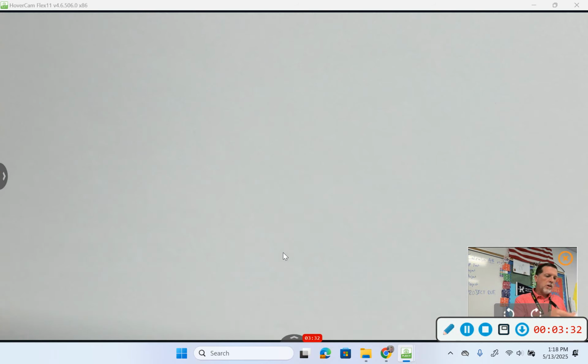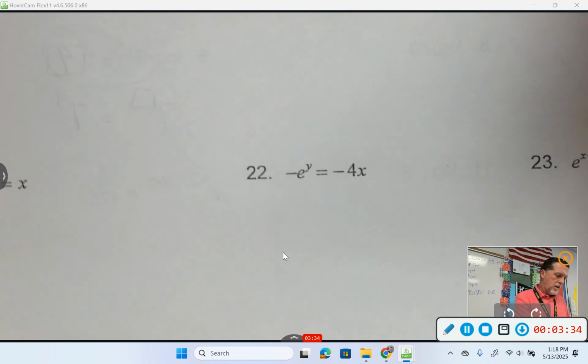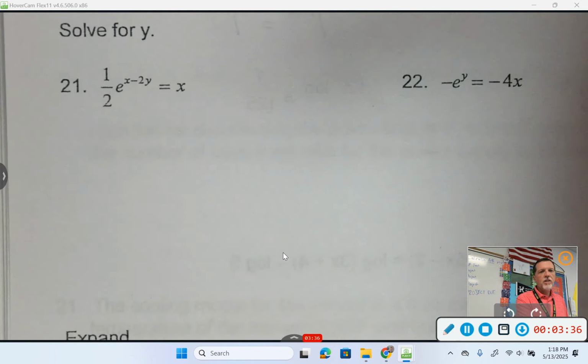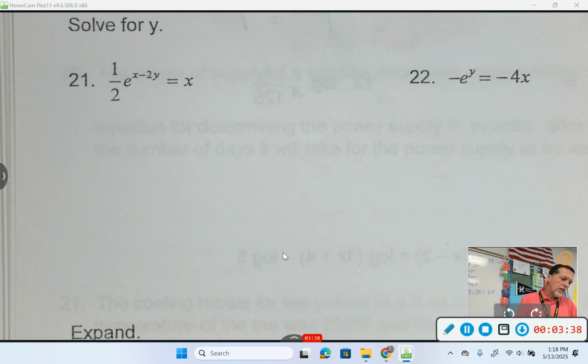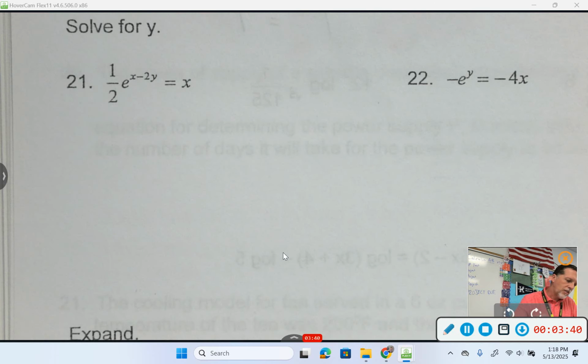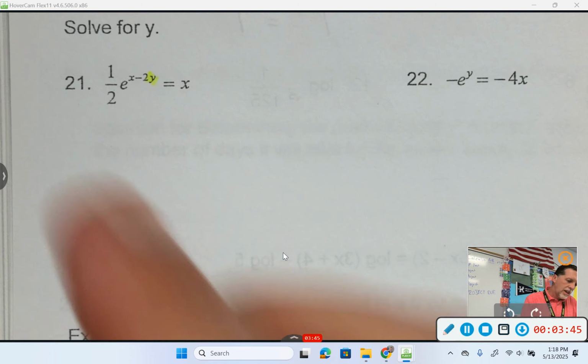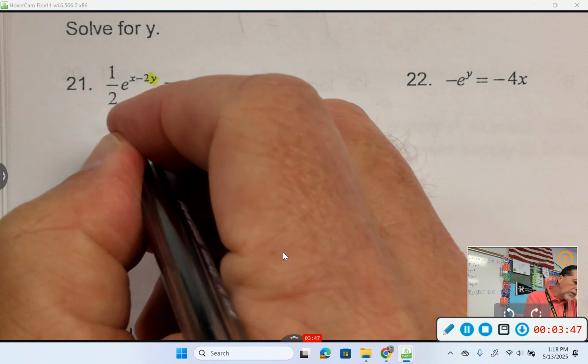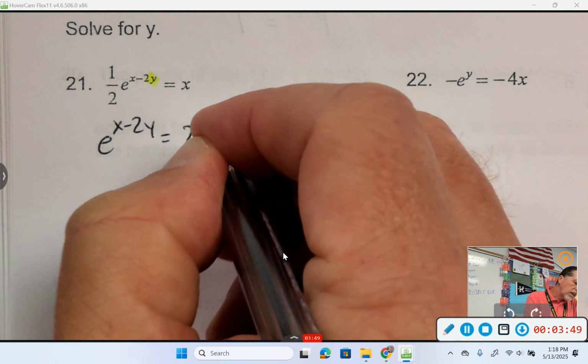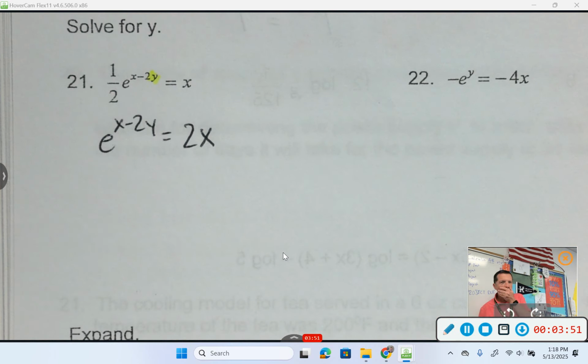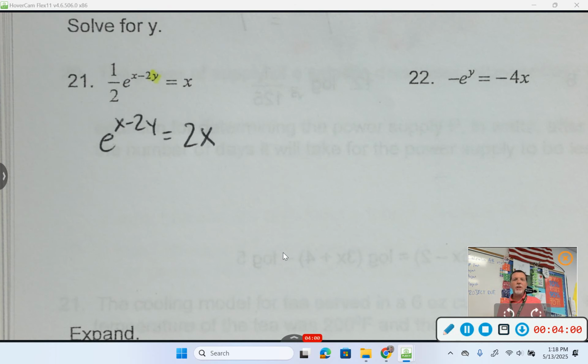All right, 21. Solve for y. So I need to get y by itself. Well, there's y. I guess we could multiply by 2. That'd be an easy first step. And my y is in the exponent. How do I get an exponent to not be an exponent anymore? Natural log both sides.